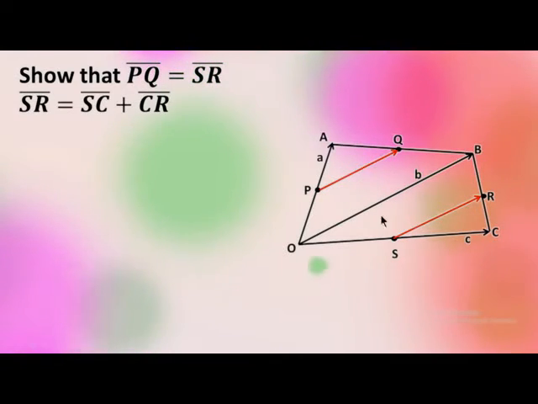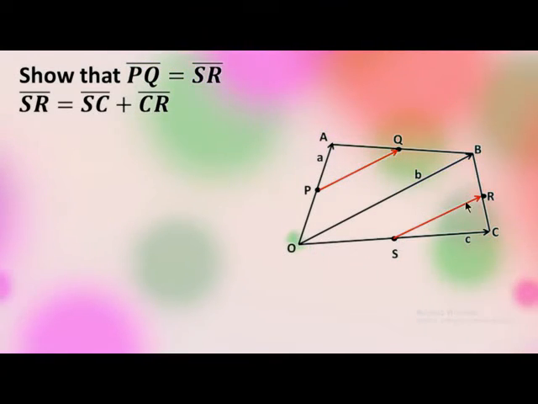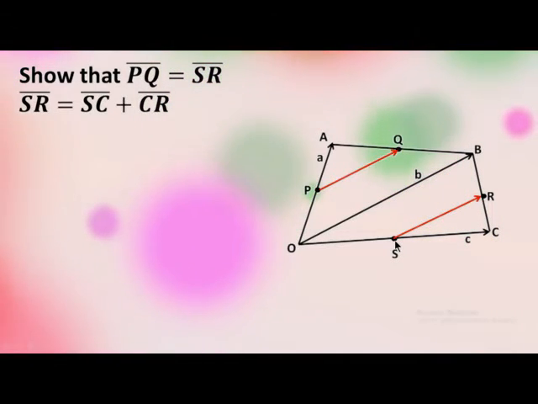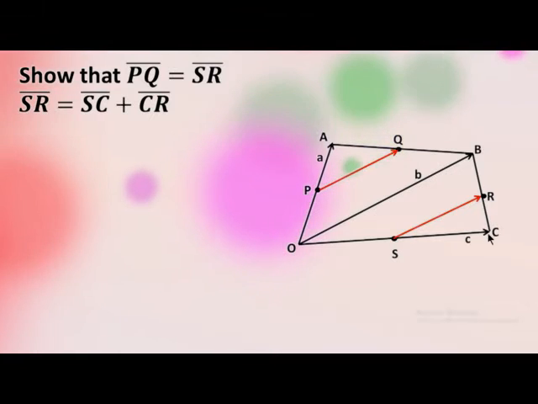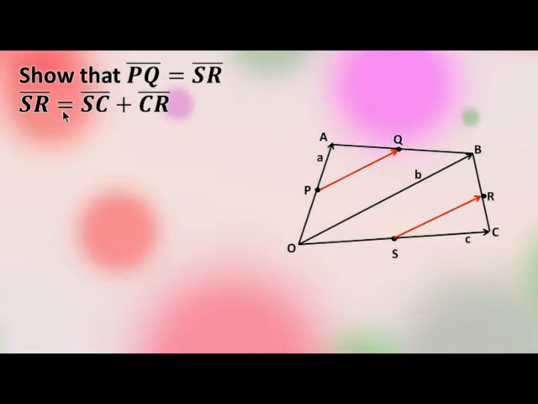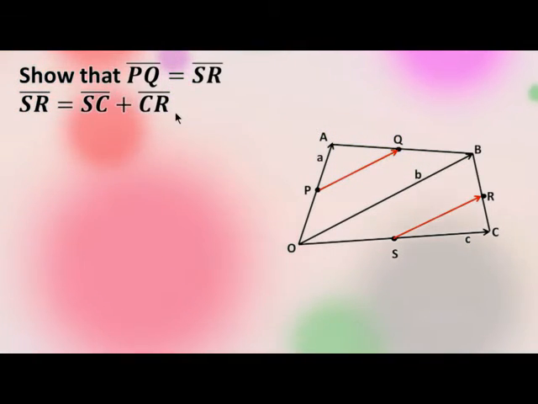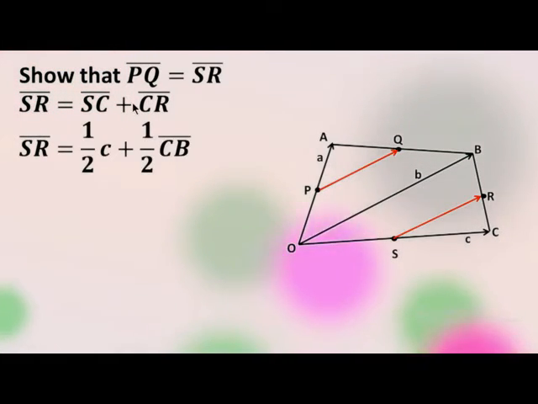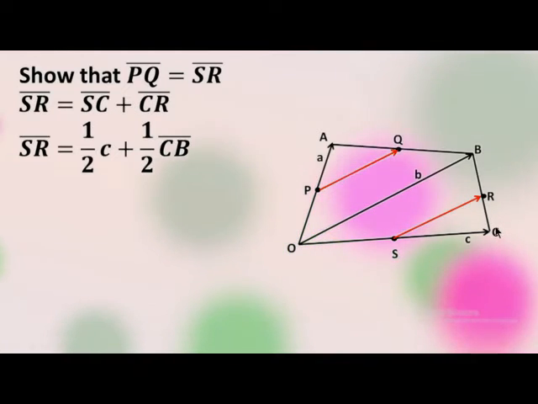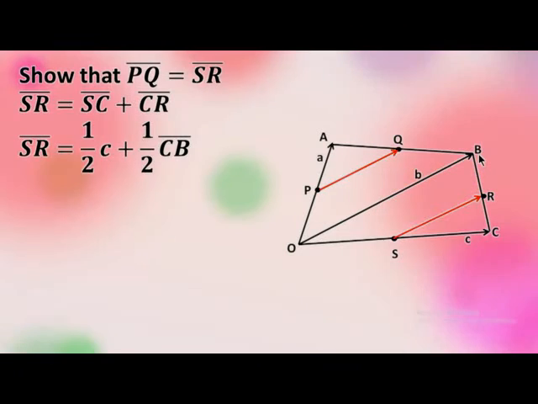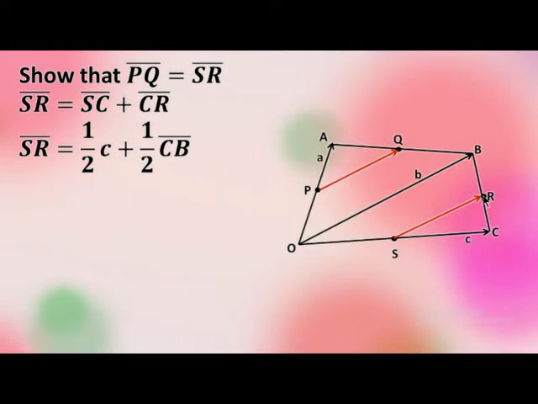See vector SR as a vector resultant of SC plus CR. So SR equals SC plus CR. Now we know that SC equals half of C and CR is half of CB, since R is the midpoint.